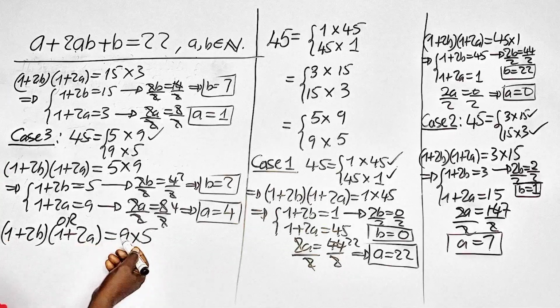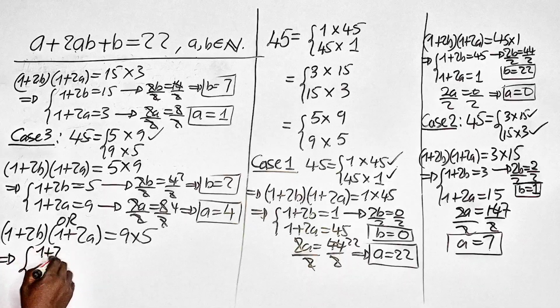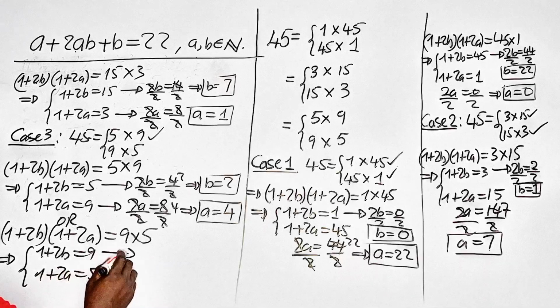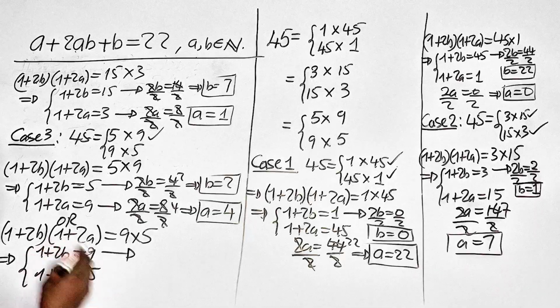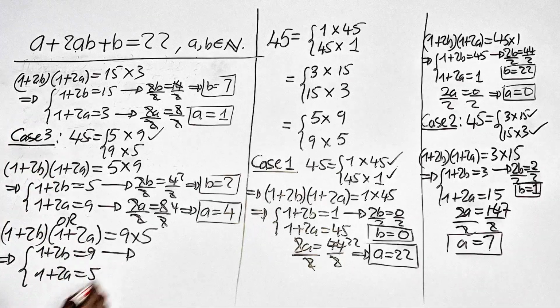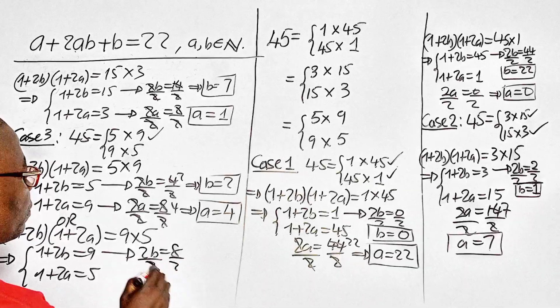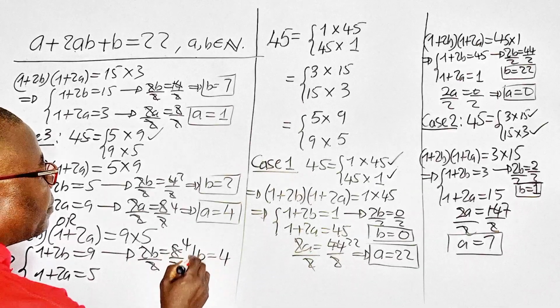This product giving us this product, we can safely conclude that 1 plus 2b is 9 and 1 plus 2a is 5. Solving this, take 1 from the left hand side to the right hand side. This is positive 1, going this way is subtraction. 9 minus 1 is 8. 2b is equal to 8. If we divide both sides by 2, we see that b is 4.